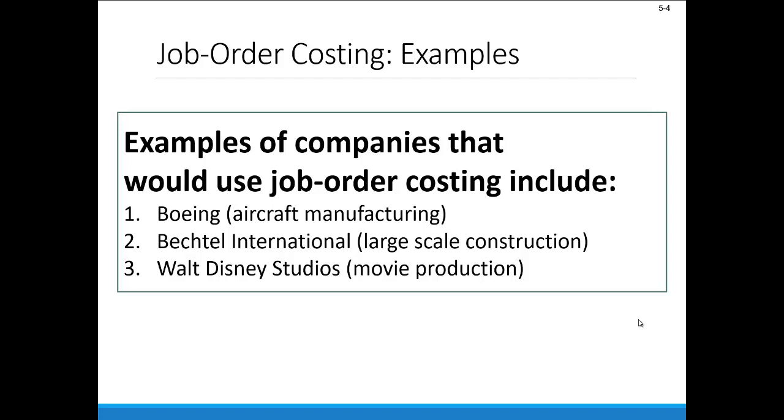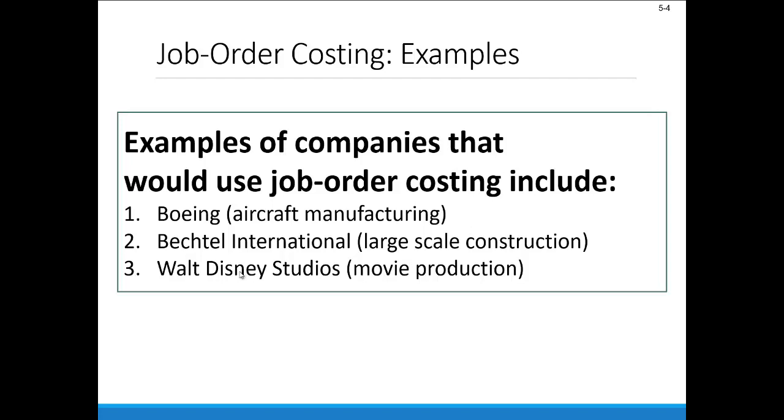How they're branded, some of the ways they're organized in terms of the cabin and the areas where the flight attendant sits and everything like that. So Boeing would typically use a job order costing system to track and trace all the costs assigned to one particular order from Delta versus one particular order from American Airlines, and so on and so forth.